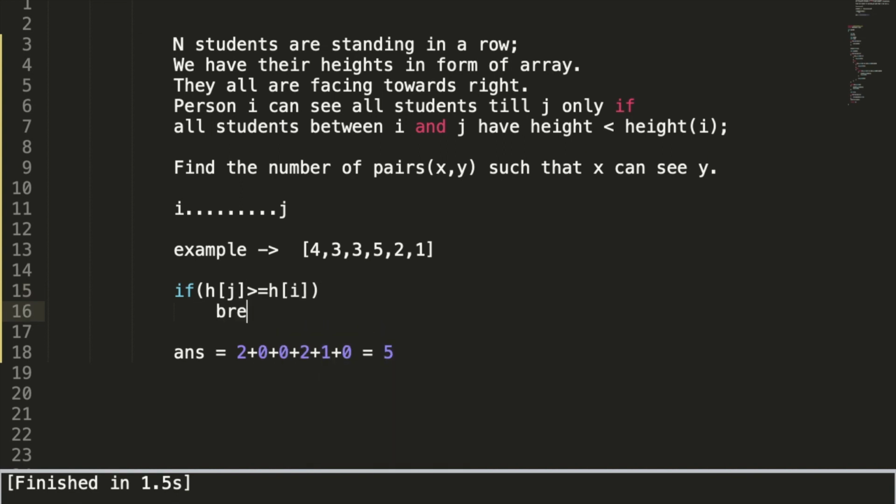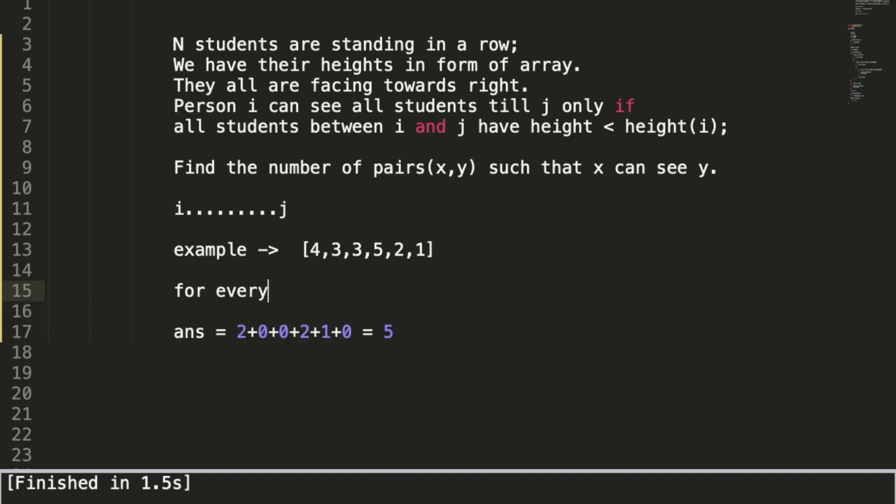So basically for every i we want a j so that I can calculate all the students in between i and j, and the total number of students between i and j will be equal to j minus i minus 1.